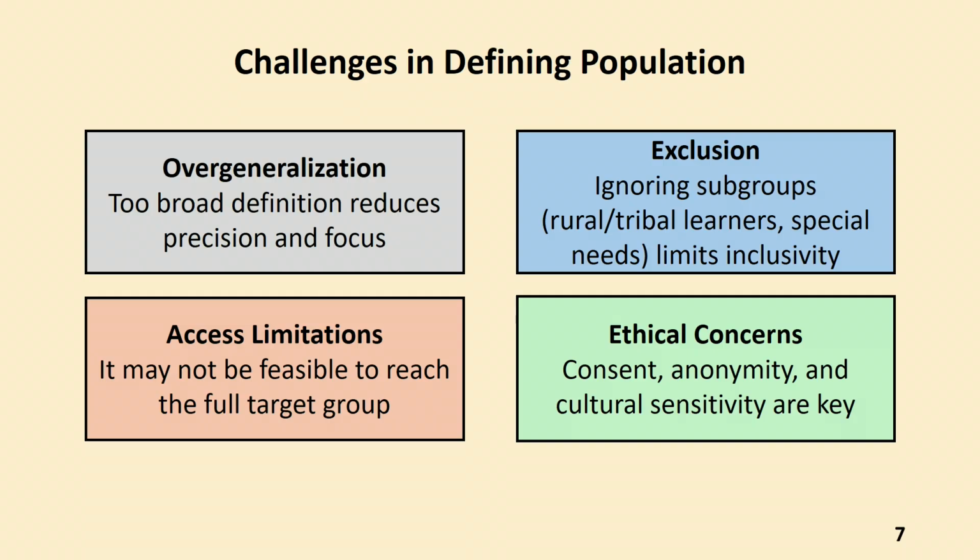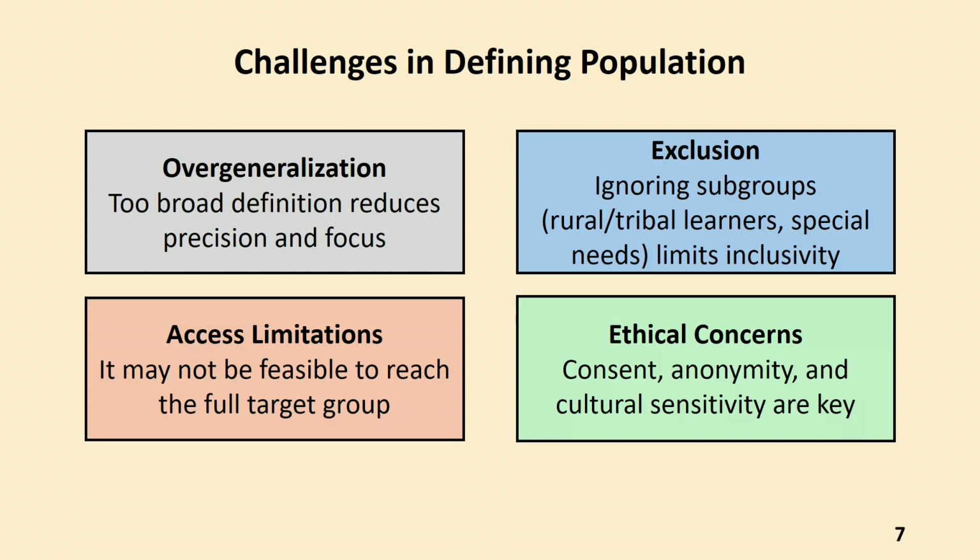For example, rural tribal learners, if you are doing research comprehensively, you have to look into this aspect. Special needs students, because they limit inclusivity. And the moment you are not able to identify these subgroups properly, ultimately you are going to have issues with your findings and your research. So be focused on overgeneralization and the exclusion of any important subgroups contained within the population.